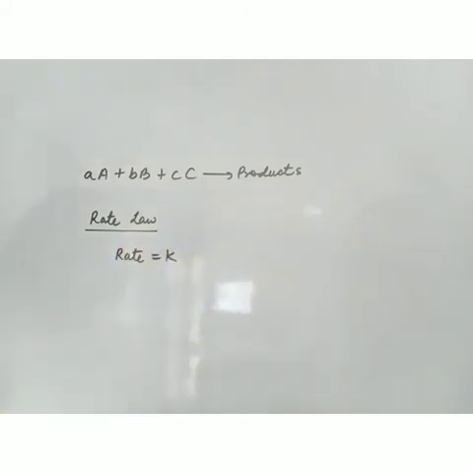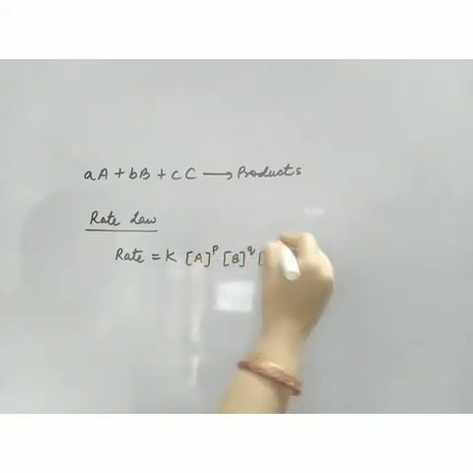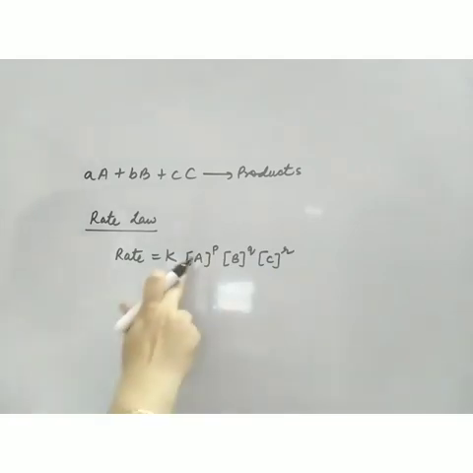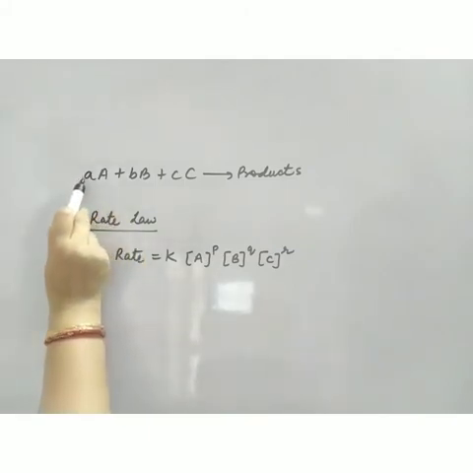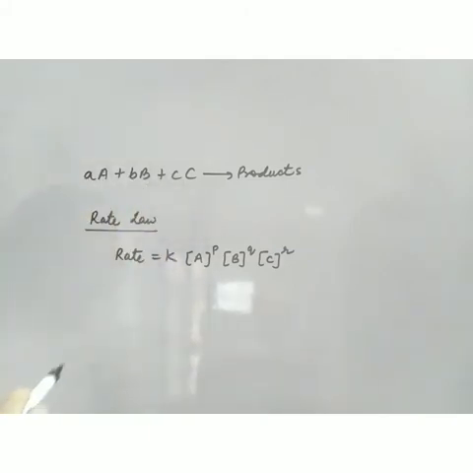K is the proportionality constant, multiplied by the product of concentrations of reactants. But one important thing you should note is that the number of moles are a, b and c, but here I have put the powers p, q and r. Now what are these p, q and r?